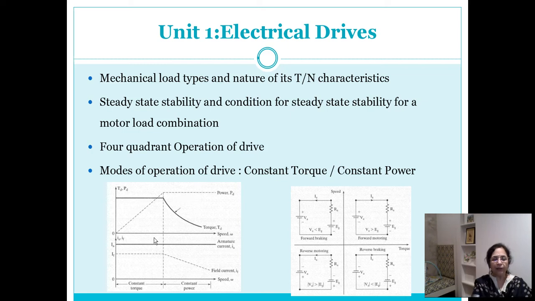Now when we try to cross this rated speed condition, when we try to operate the motor above rated speed condition, what happens is the power cannot be taken more than that, because at this point rated speed and rated torque, the product becomes rated power.